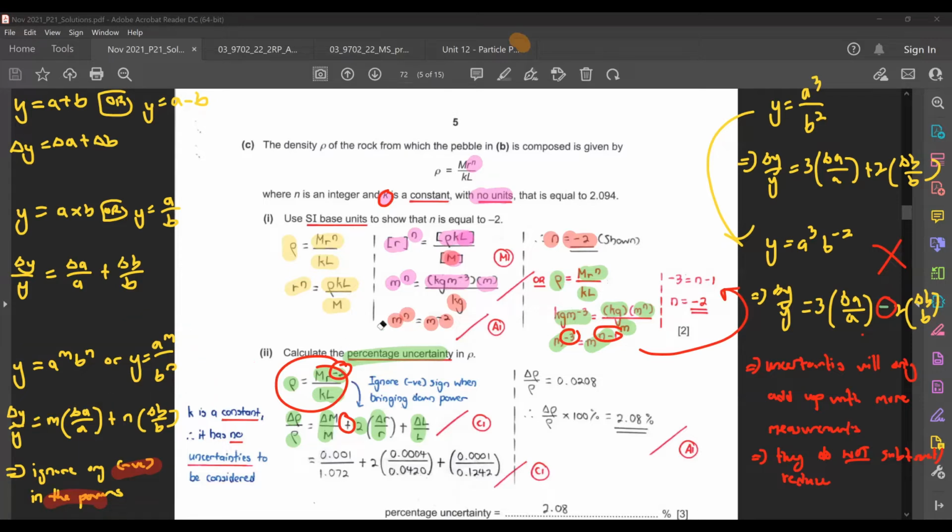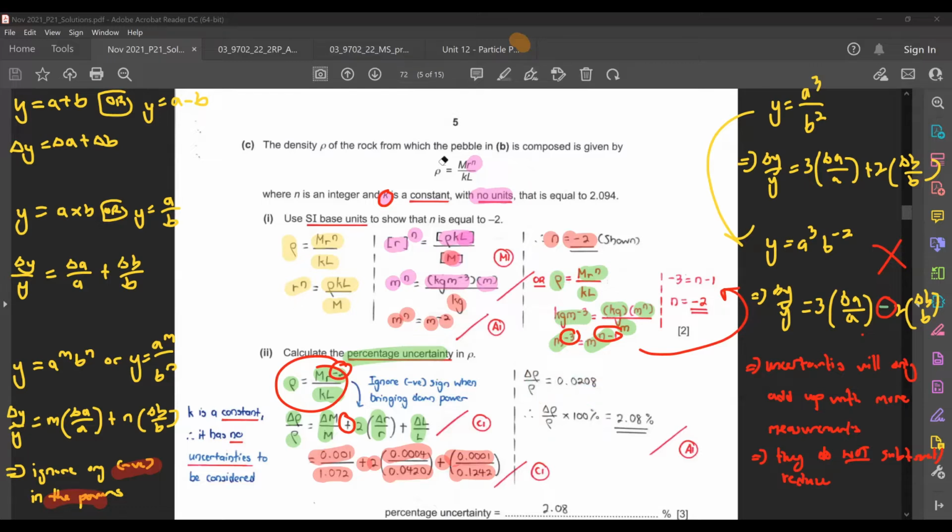From there, you just sub in your values: 0.01 divided by 1.072 plus 2 times 0.004 divided by 0.0420 plus 0.0001 divided by 0.1242. You're going to get this. This one is actually just fractional uncertainty. You need to multiply by 100% to give you percentage uncertainty.